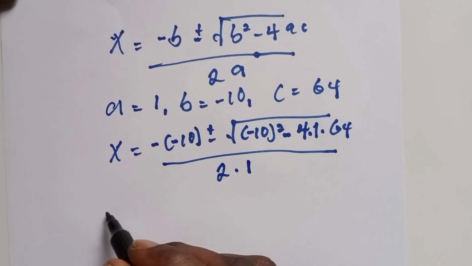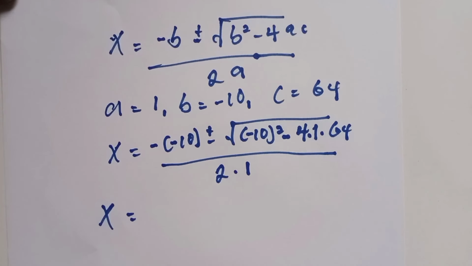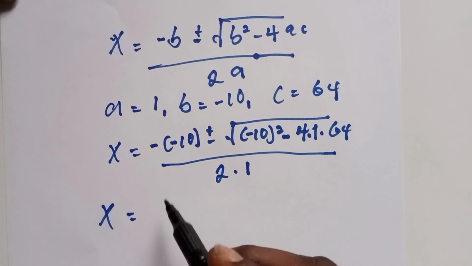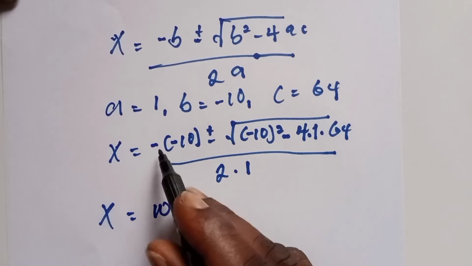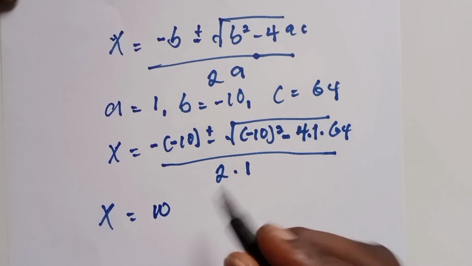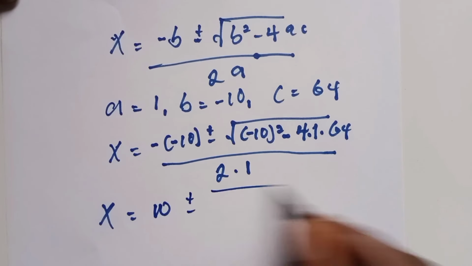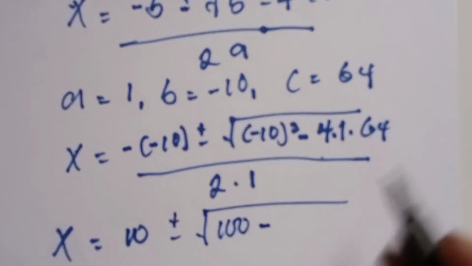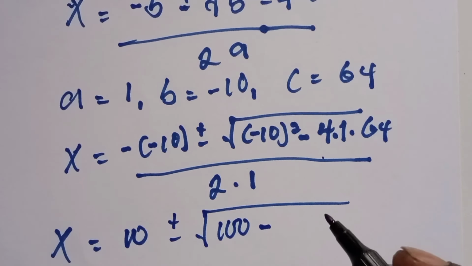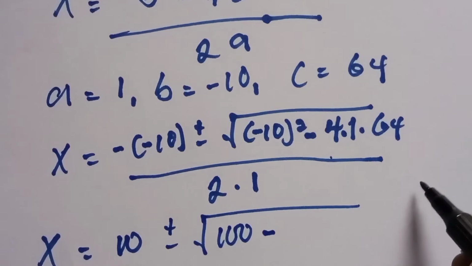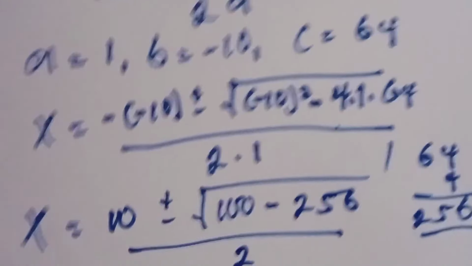So now let's simplify further. Minus times minus is plus, so we have 10, plus or minus root 4 times 1 times 64, over 2.